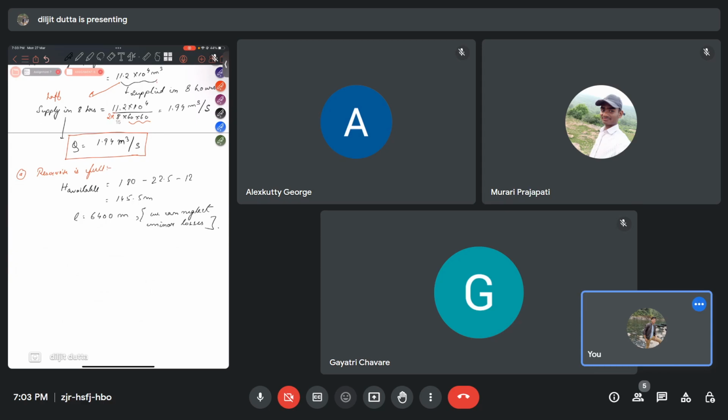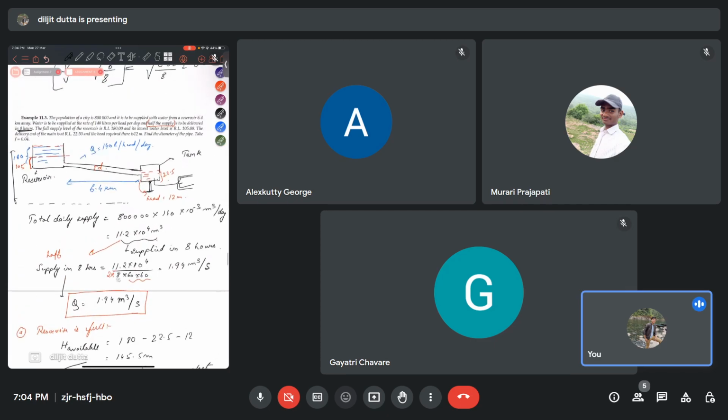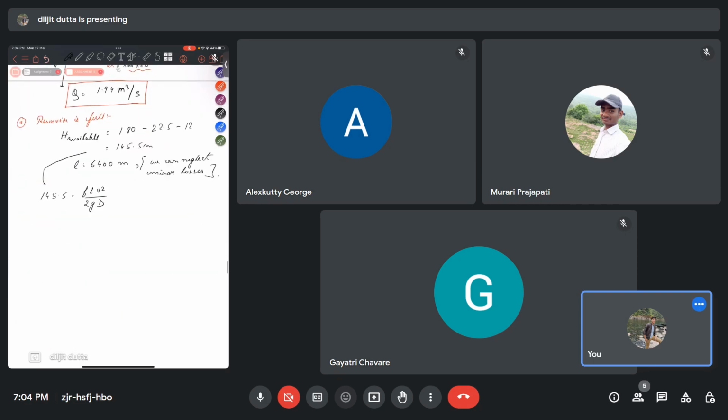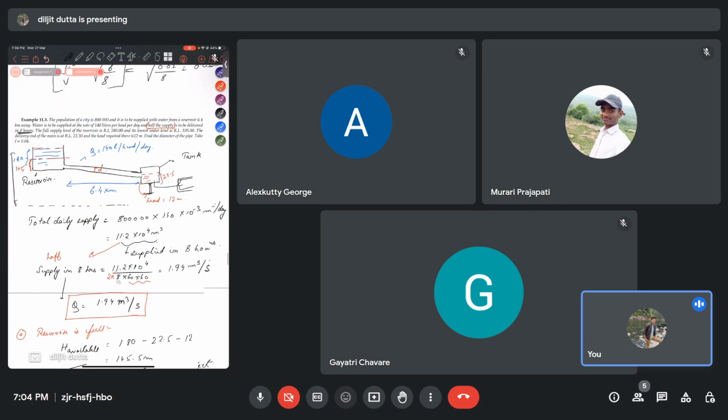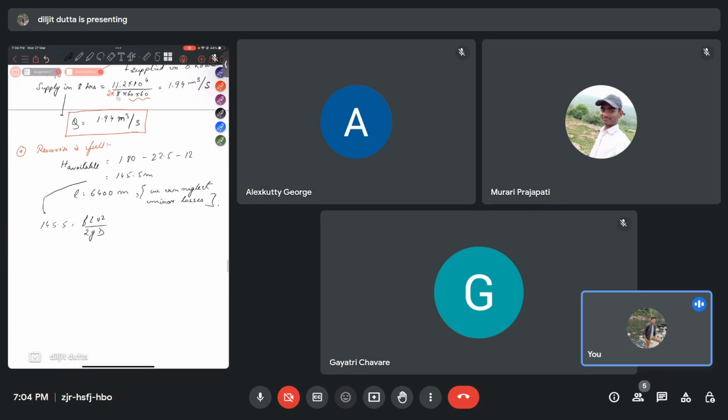So if we neglect minor losses, then from the Darcy-Weisbach equation, this value will be fLV square by 2g. So this is the total head that is lost when we have supplied water from the full water level to the tank with RL of 22.5. The value of f is given as 0.04. So we substitute the values.